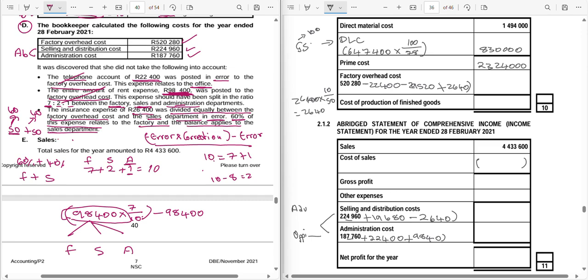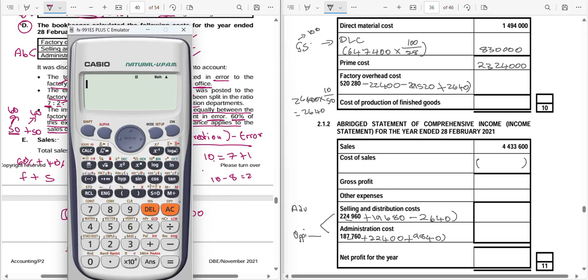What are you saying, ma'am? The calculation is not 26,400, it's 13,200. That's the 50%. Yes, now I must say 100. Yeah, I'm sorry. Thank you. So 10 divided by 100, I'll still get the same.